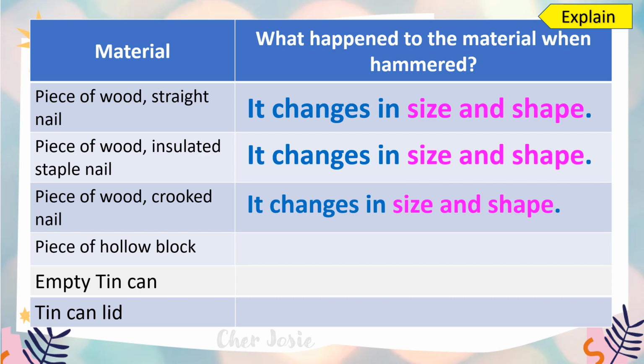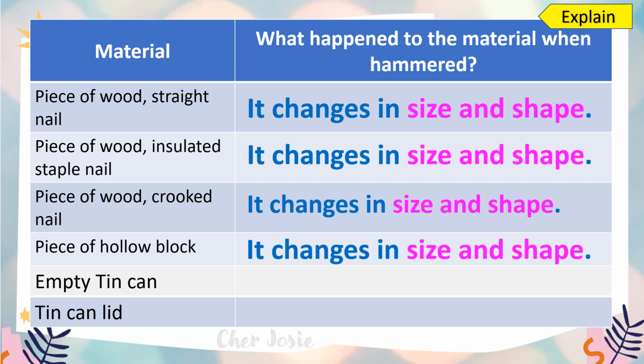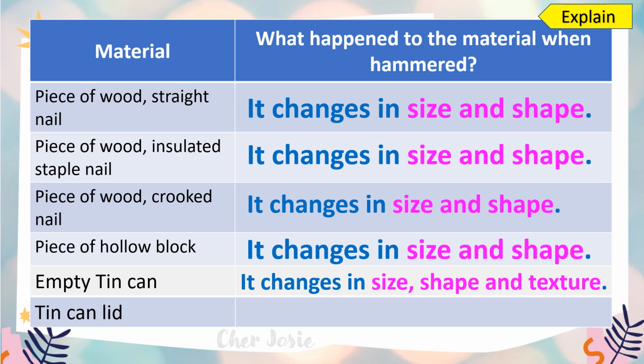And piece of hollow block, it changes the size and shape. Empty tin can, it changes in size, shape, and texture. And lastly, tin can lid, it changes the size, shape, and texture. Very good, kids!